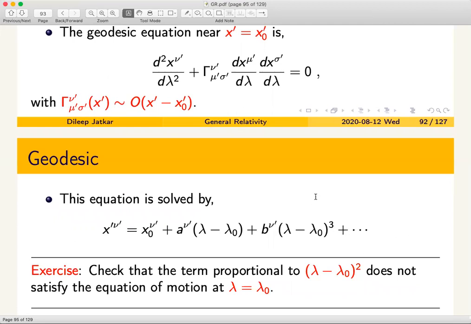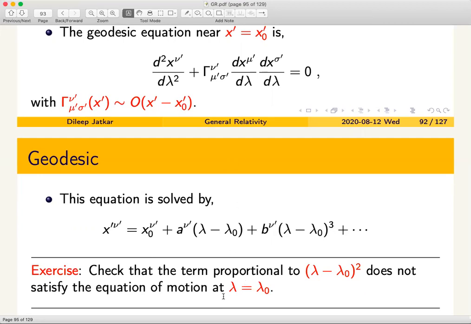Okay, so this is a nice exercise that you can do. And you can see that the solution is written in this fashion, there is no quadratic term sitting out here. Okay, so you can add a quadratic term to this solution, say c nu prime times lambda minus lambda 0 squared, and you can check actually that it does not satisfy the equation of motion defined at lambda equals lambda 0.